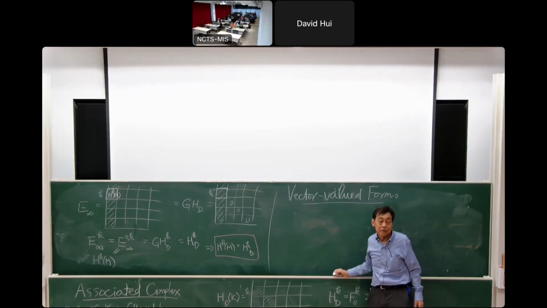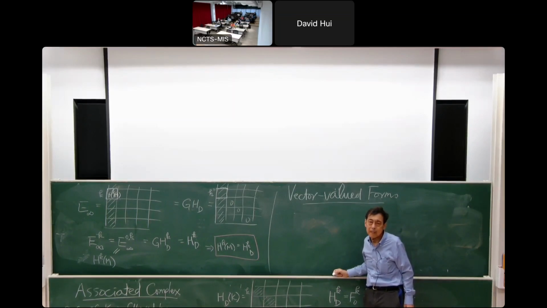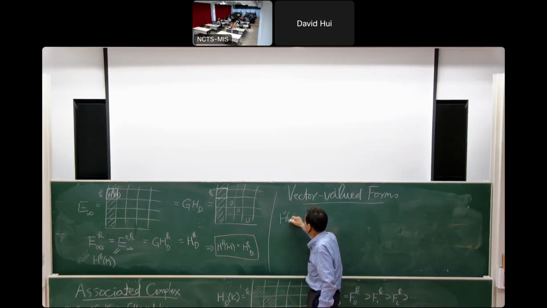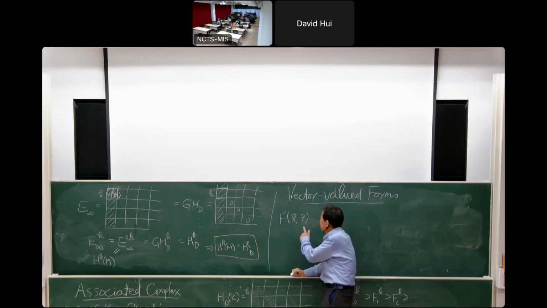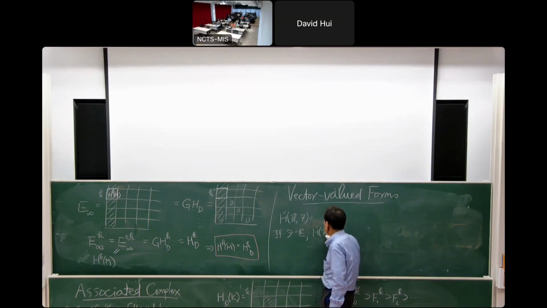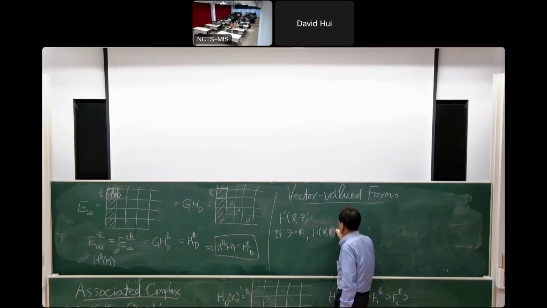And the reason we want to do this is that when we compute Čech cohomology with coefficients in a sheaf, now if this sheaf is just R, then you know that for a good cover, this is isomorphic to de Rham cohomology.